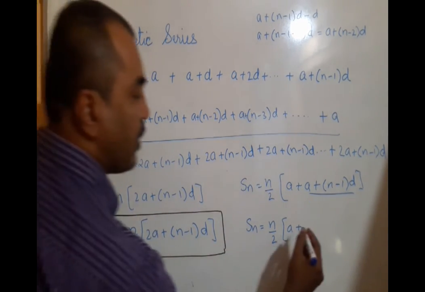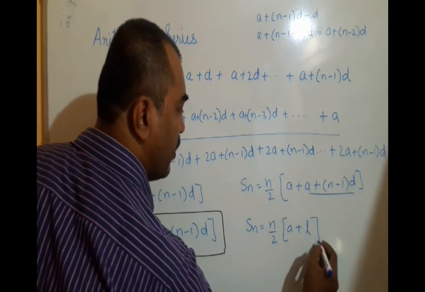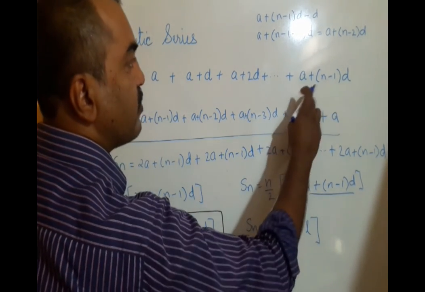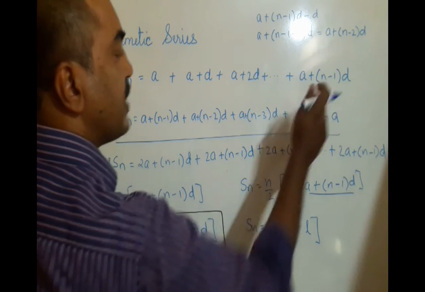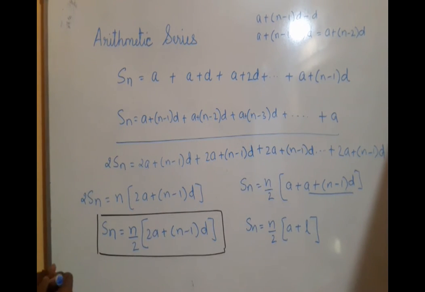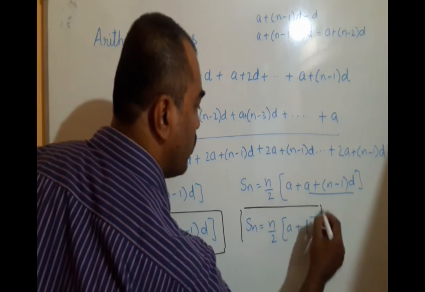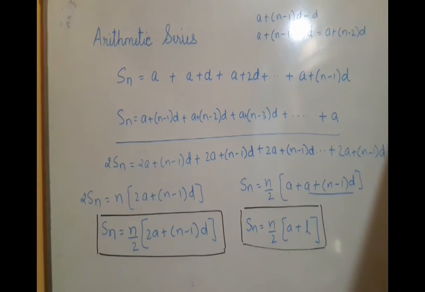So I can also write this as L, where L is the last term of the sequence given by a plus n minus 1d. So this is also one more formula to find the sum of n terms of an arithmetic sequence. So here we have derived two formulas today to find the sum of n terms of an arithmetic sequence.